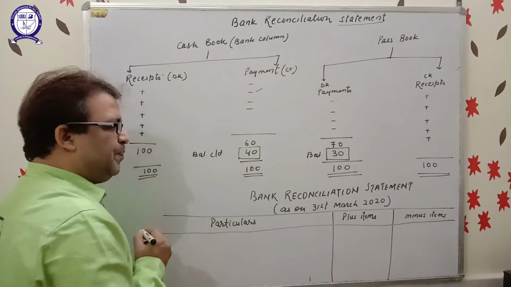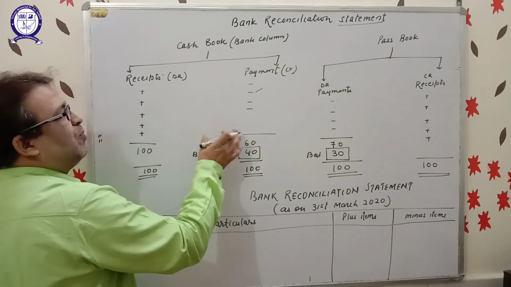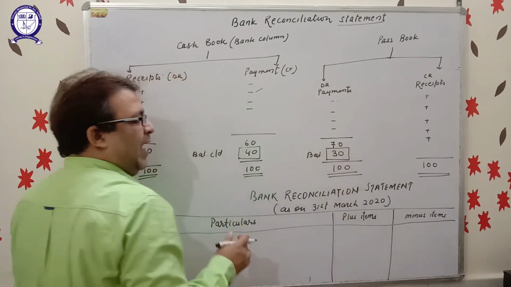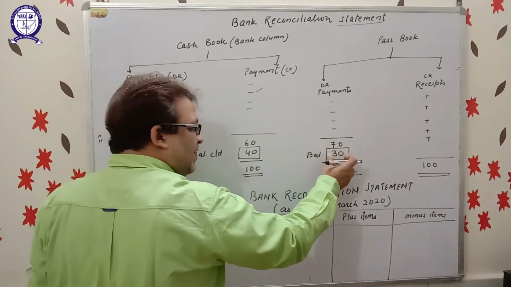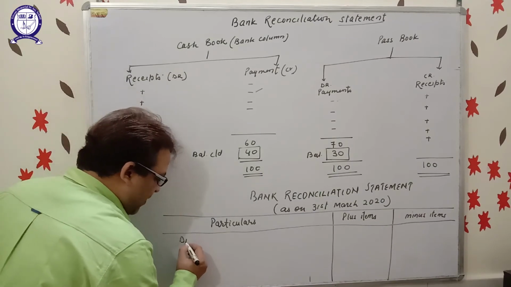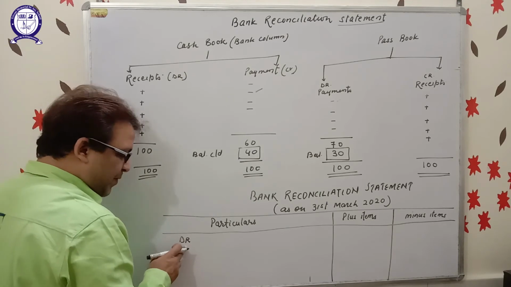In this chapter, only two types of questions are there. When cash book balance is given, the answer will be passbook balance. And if the passbook balance is given, the answer will be cash book balance. So first of all, if cash book balance is given, we have to start from here.